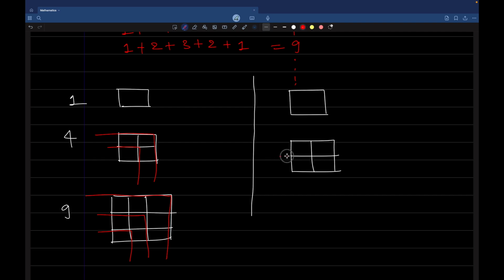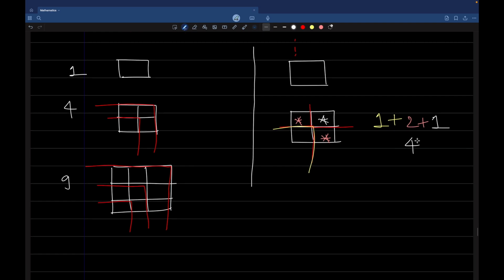If we divide this box in two different parts, like this, we will get this 1 plus this 2 plus this 1, that is 4.